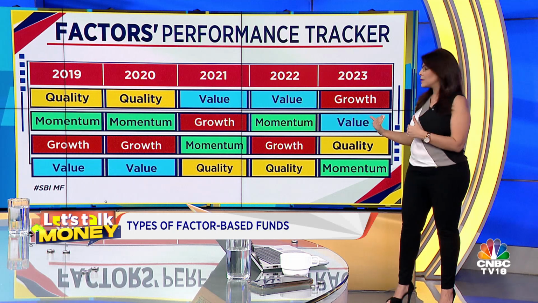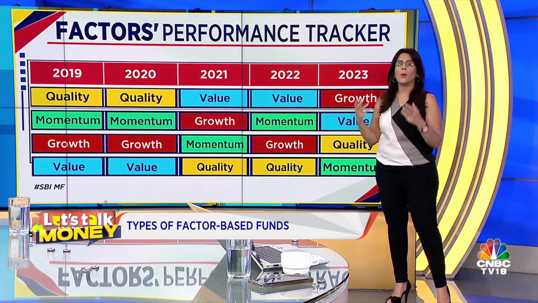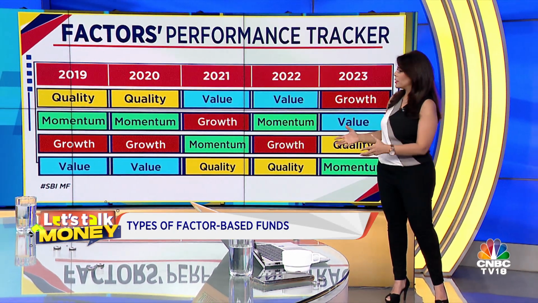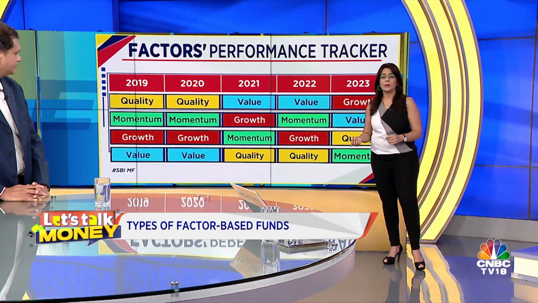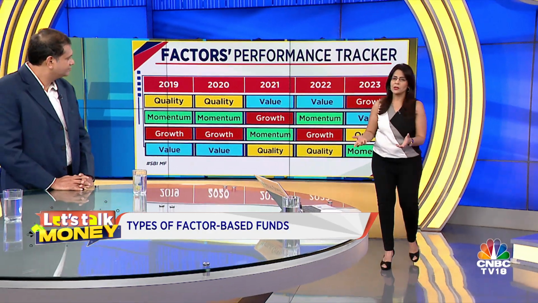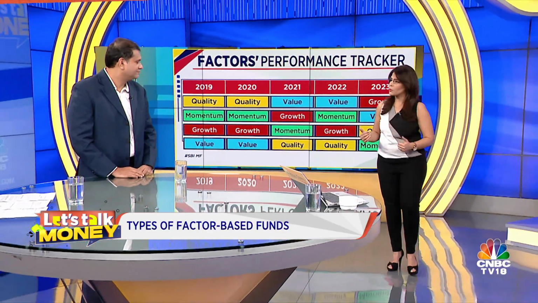In 23, that's the last year, growth became the dominant style. So all the factors can move in different ways at different points in time, which, Pradeep, brings me to the other question: this could get a little daunting and confusing for investors. How do I know which is the right factor to pick, say, if I want a 5-year portfolio view?